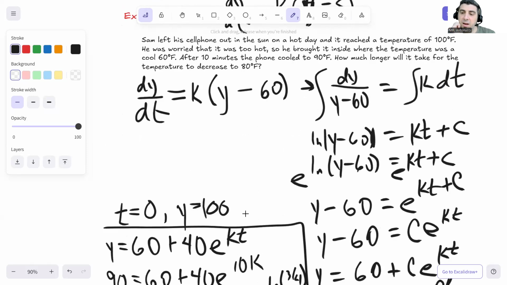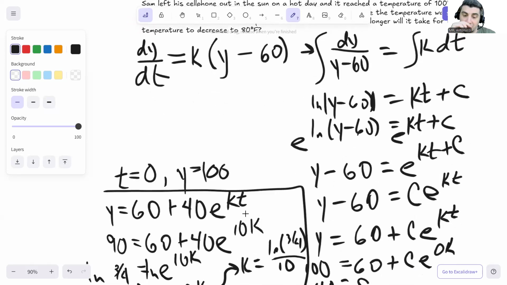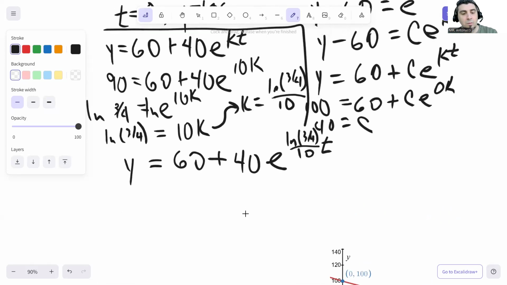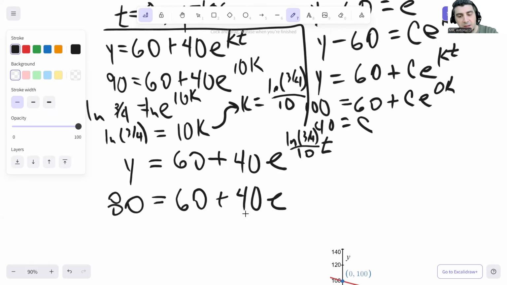The question asks, how much longer will it take for the temperature to decrease to 80 degrees? Well, we would set 80 equal to 60 plus 40 e to the natural log of 3/4 over 10 times t, because that's actually what we're going to solve for here. Now, if we solve this down, we could use Desmos like we did, or solve for t algebraically.